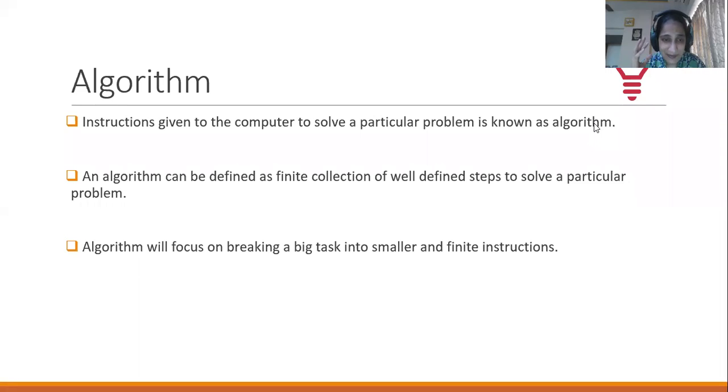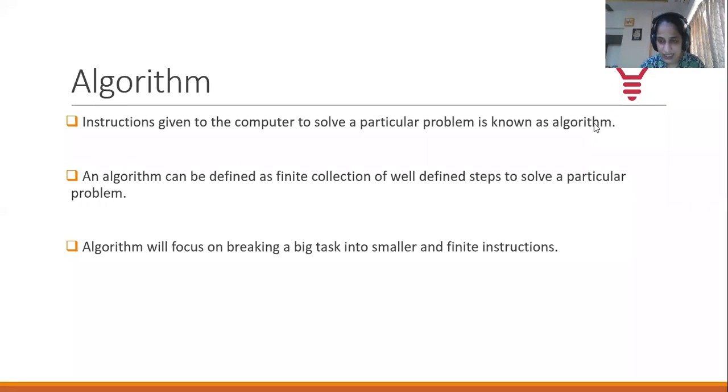The basic focus of an algorithm is to divide a big task into smaller finite instructions. So that's the main reason that programmers and system designers always prefer to write an algorithm first.